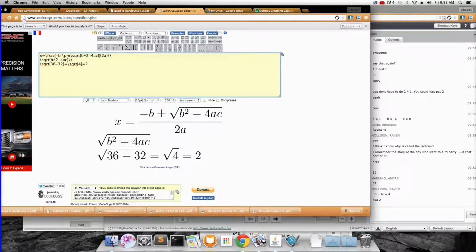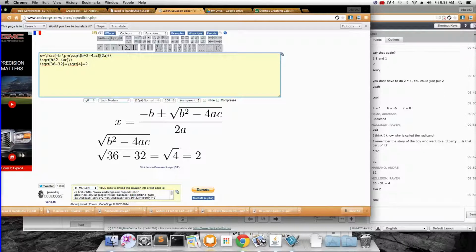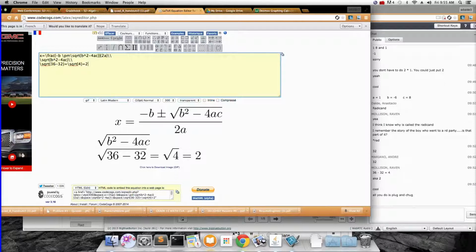What is special about this radicand? About the radicand for this problem? Well, all I do is plug and chug to figure out what the radicand is.